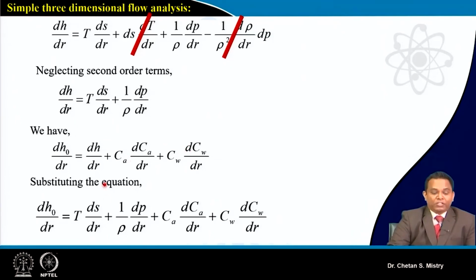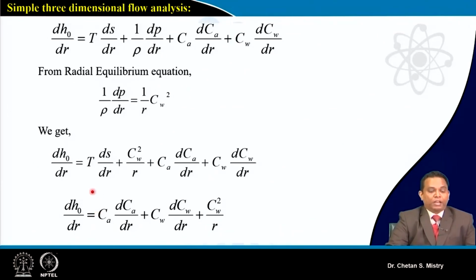Rearranging this in terms of entropy, I can rewrite dh0 by dr as T ds by dr plus 1 upon rho dp by dr plus ca dca by dr plus cw dcw by dr. This term can be represented in another form, because from our radial equilibrium equation we can write dp by dr as rho cw square by r. Let me replace this equation here.